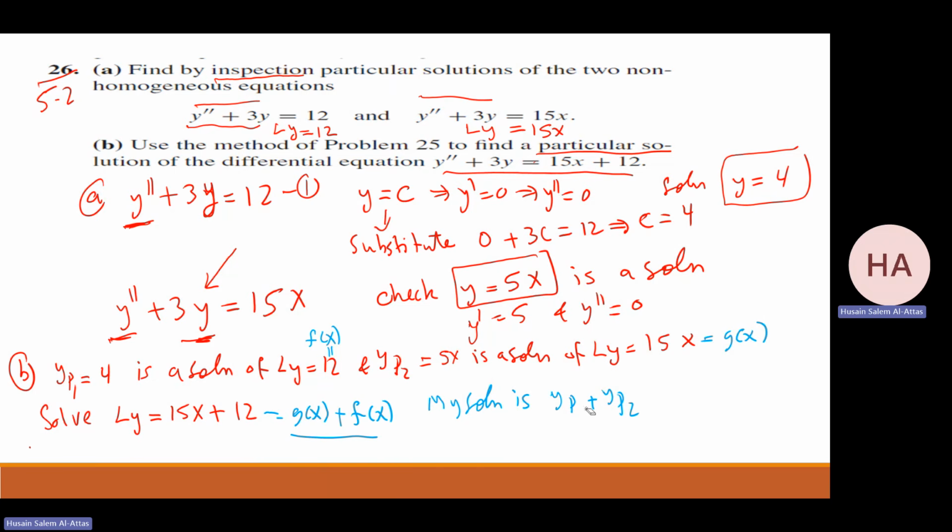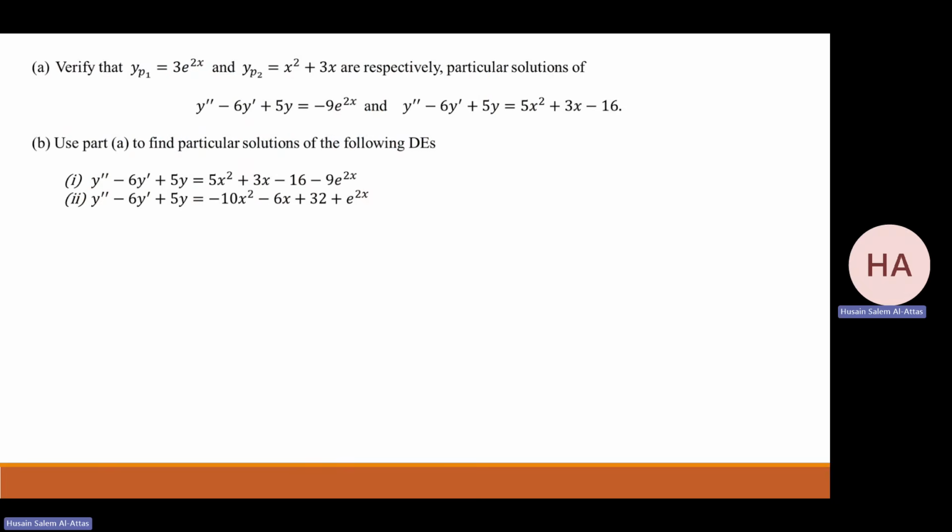That will not make a difference, but just to make it more clear. So I have 15x plus 4. Not 15x, 5x, sorry. y2 is 5x, so that will be 5x plus 4.